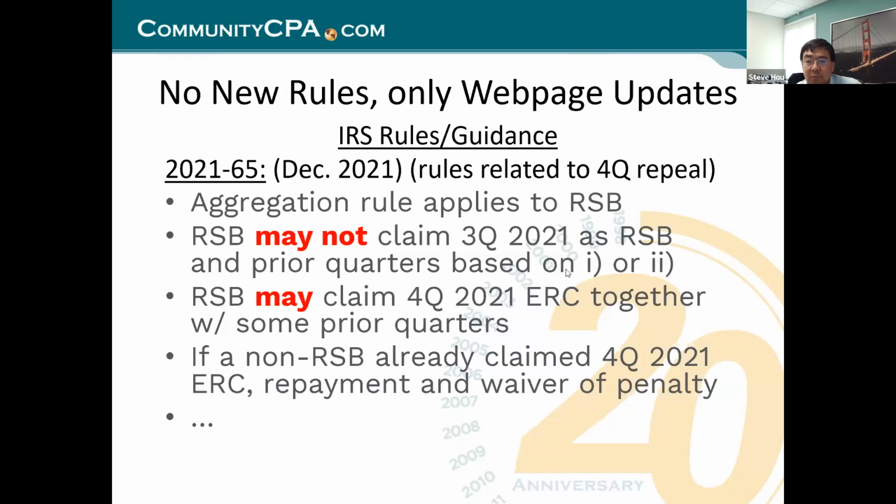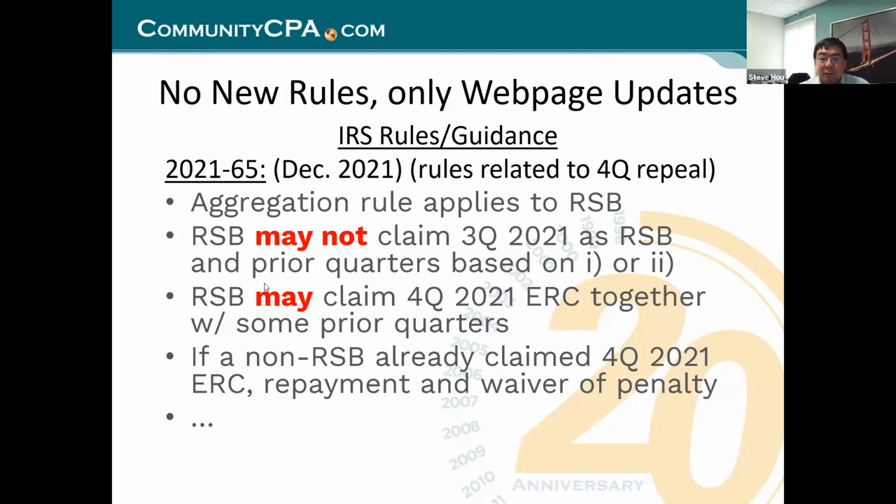Okay, so for instance, if in the second quarter 2021 the government required your business to shut down even completely, to make it simple, then as long as you're claiming third quarter as an RSB, recovery startup business, you cannot claim the second quarter ERC, even though you may be eligible for ERC in that quarter by the government order or by the revenue drop rules.